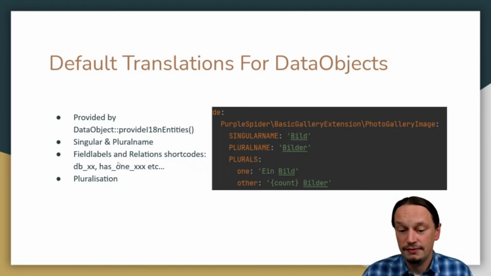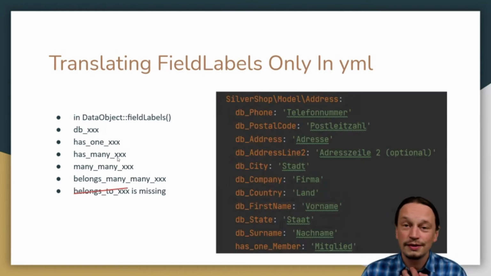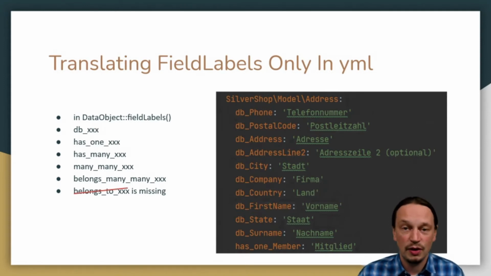And we also have some shortcodes when we want to translate the field labels. So when we have, for instance, the address data object from Silvershop, there we have a DB field called phone and one postal code and so on.